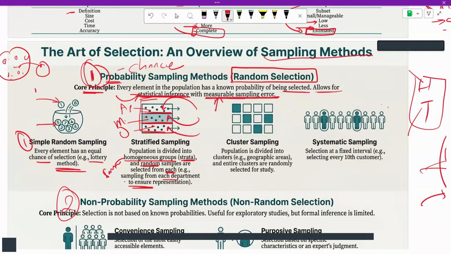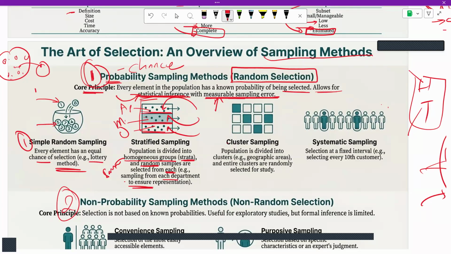First we divide the whole population into first year, second year, third year, fourth year. That is step number one. Then from the first year group, randomly select five students, and second year randomly select five, and third year five, like that. First we subdivide the whole population into groups, and then we randomly select among them.